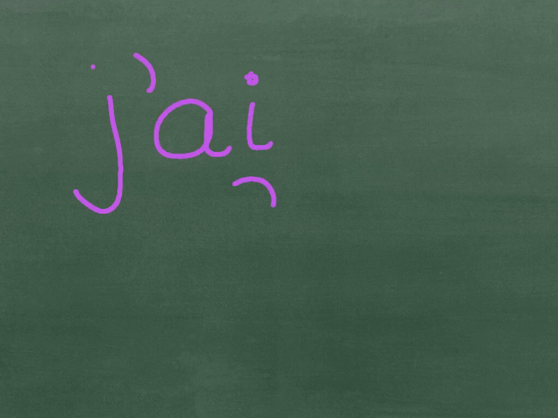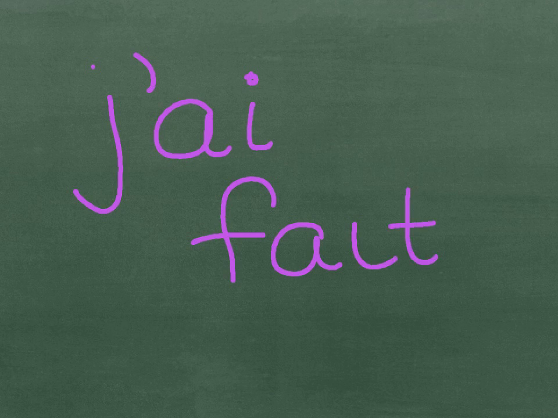Okay, so that is what it would look like in the present tense. But we've spent a lot of time in the past tense. So what would we do for the past tense? How would we say I did do, or I did? Start with je. Since it's in the passé composé, you know our form of avoir, j'ai. And then our past participle for faire is fait. Okay, so that's I did. But we want to say I didn't do anything.